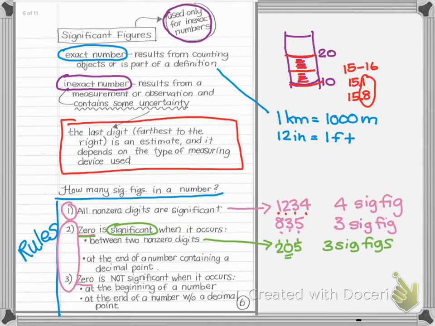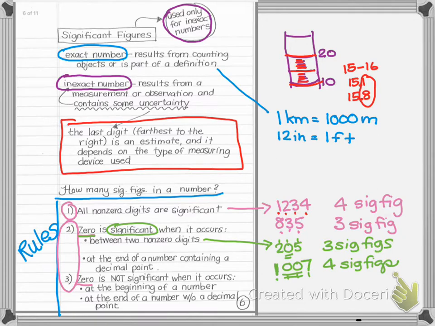If I had, let's say, 1007, even though the 2 zeros are next to each other, because they're between non-zero digits, I would count them. So it'd be 1, 2, 3, 4. So that's one case when it's significant.